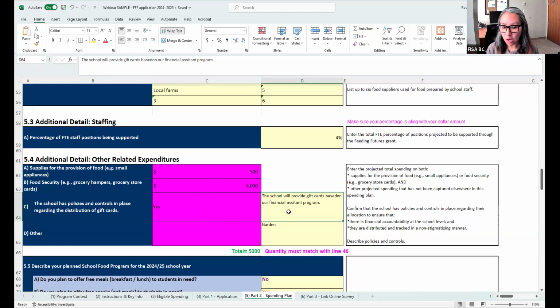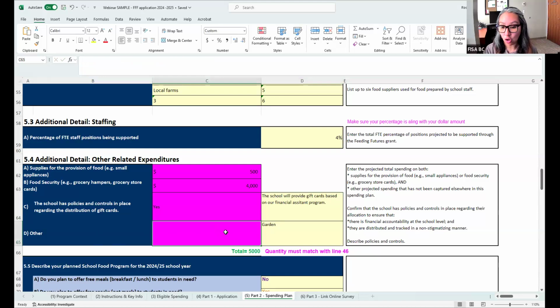I wrote a little example here saying the school will provide gift cards based on our financial assistance program, or it could say we use a third party, like our church, to come and give us. You need to have a very clear idea of how you're distributing your gift cards. So please just write one sentence about how you're planning to distribute them, in case you're using them.